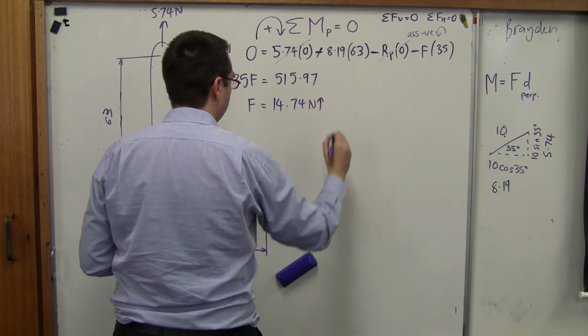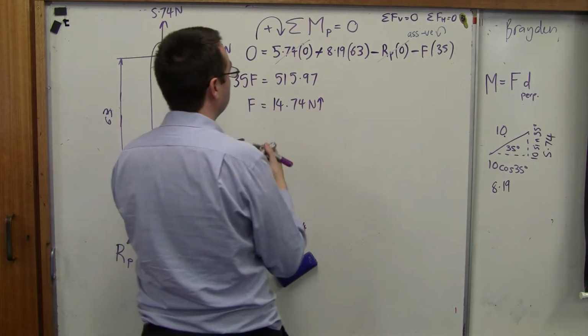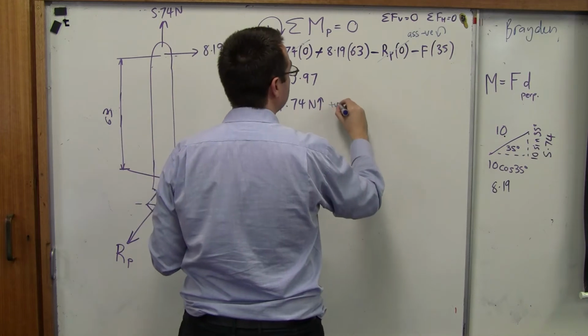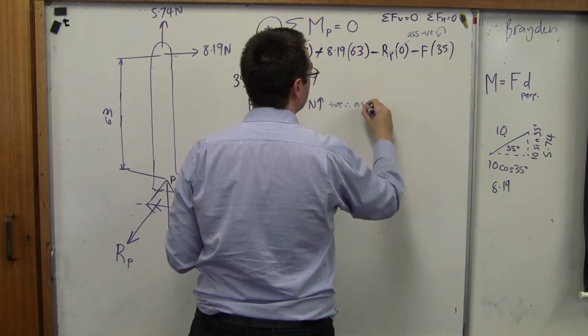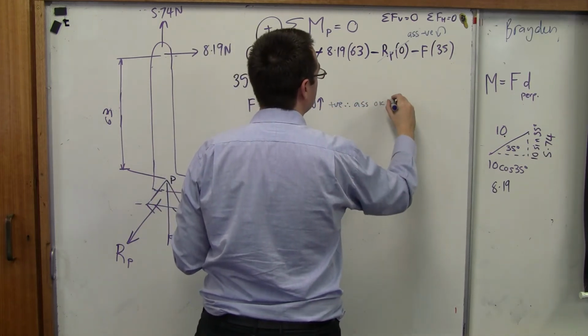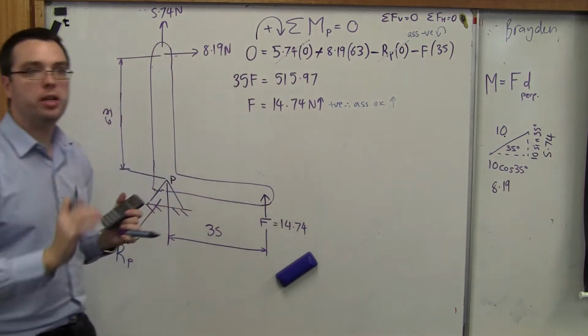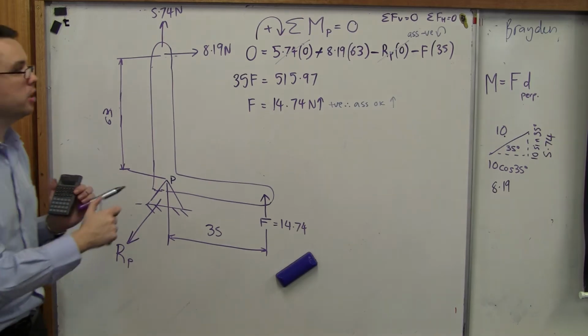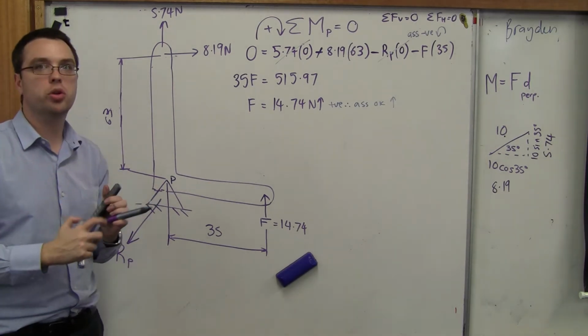The direction is straight up, and the answer was positive, so it's positive, therefore our assumption was okay. We made an assumption that it was going up. The assumption was positive, our calculation was positive, therefore our assumption was okay.